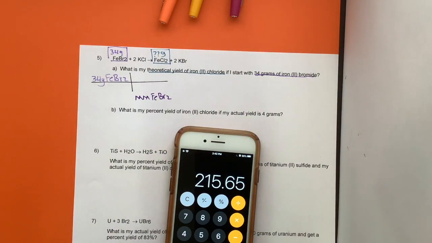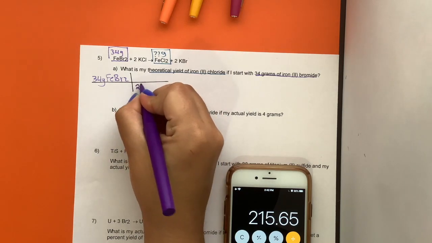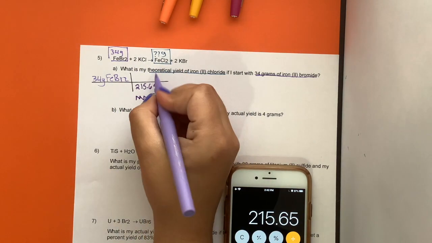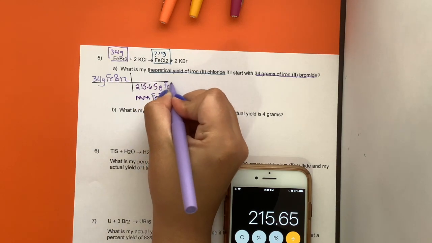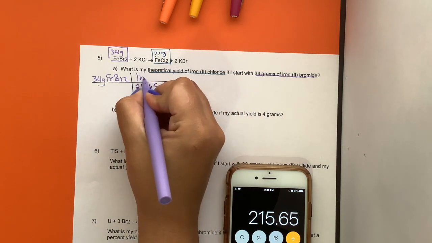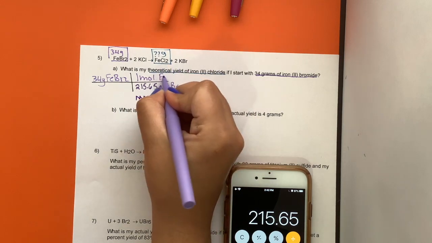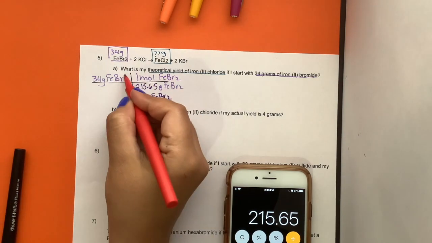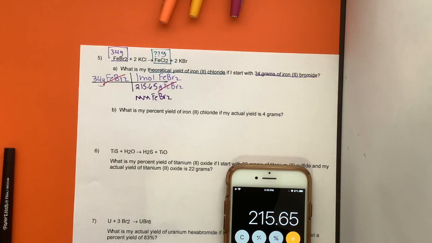And I get 215.65 grams of FeBr2 for every 1 mole of FeBr2.